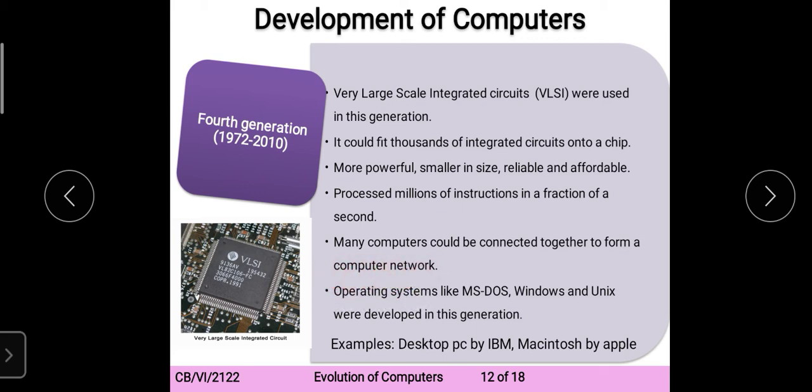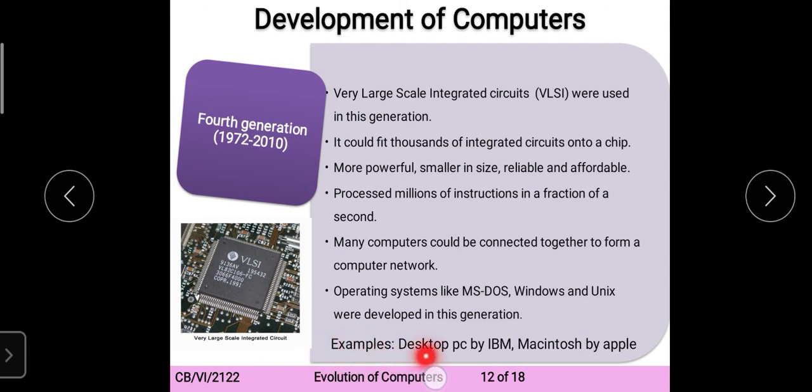So from 1972 to 2010, in the fourth generation, the computer network was developed. Operating systems like MS-DOS, Windows, Unix were developed in this generation. We are still using Windows, like Windows 7, Windows 8, Windows 8.1, Windows 10.